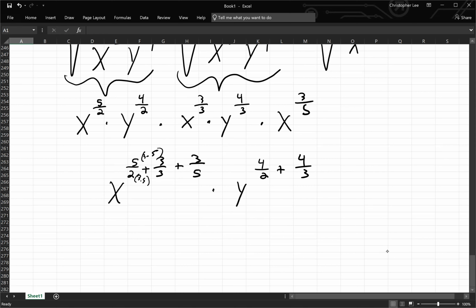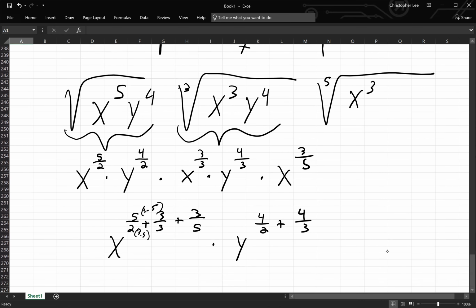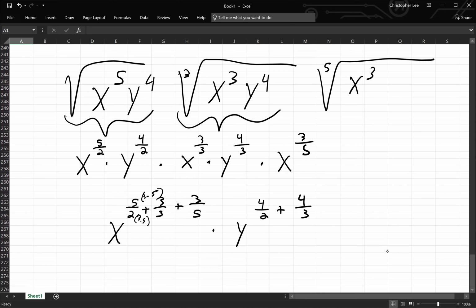Same on test, right? This is the original question right here. So this would be x to the, what is that? 15 times 5. That's 30, 60, 75, right?